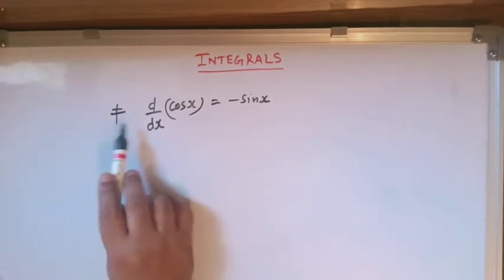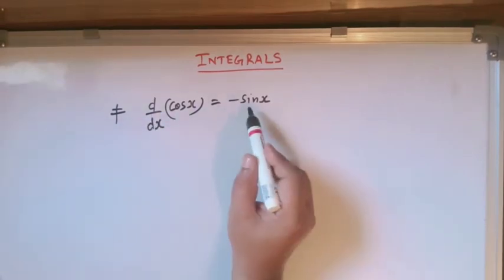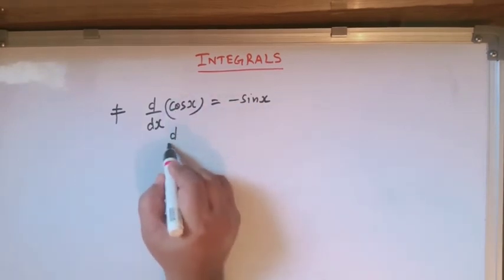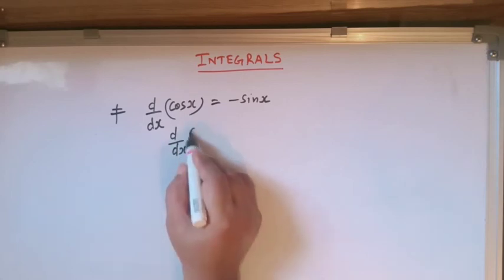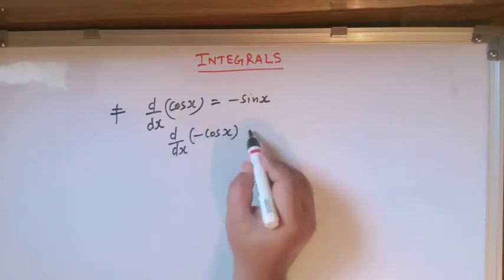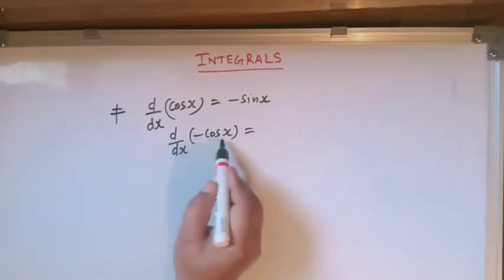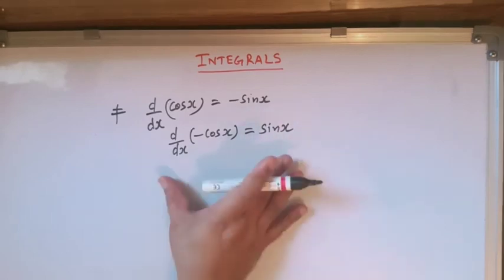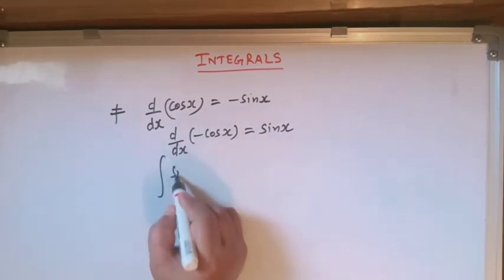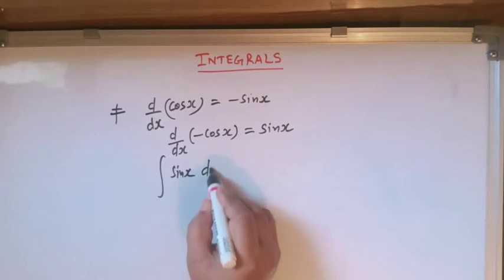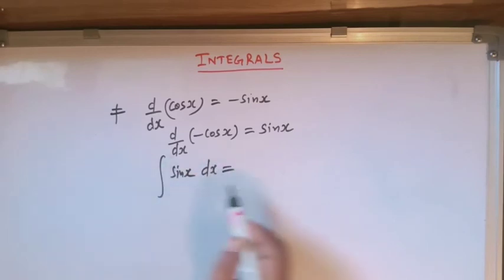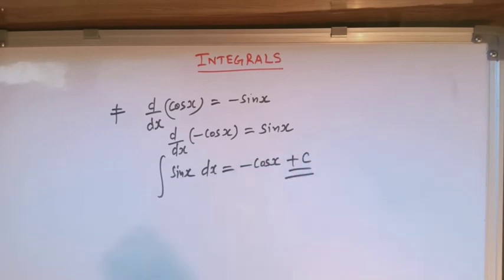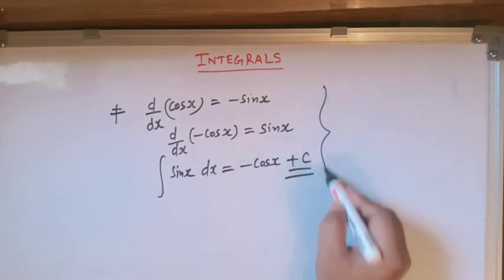Now viewers, we have the derivative of cos x as minus of sine x, so we take this negative sign here, so this expression can also be written as minus of cos x. The derivative of minus of cos x can be written as sine x. Okay. Now the integral of sine x dx is equal to minus of cos x plus c. Clear? Okay.